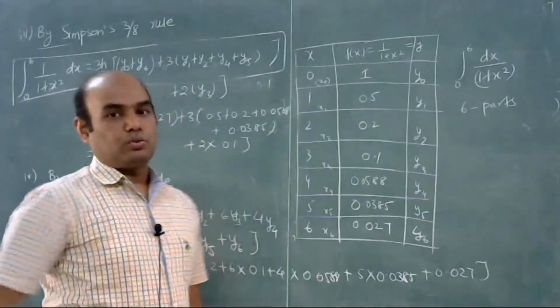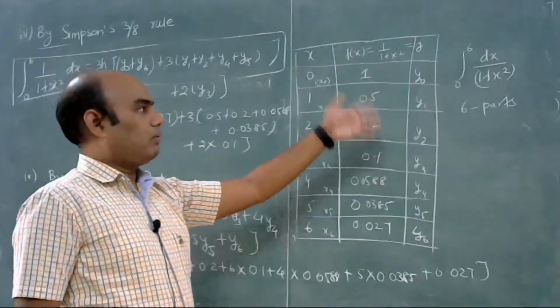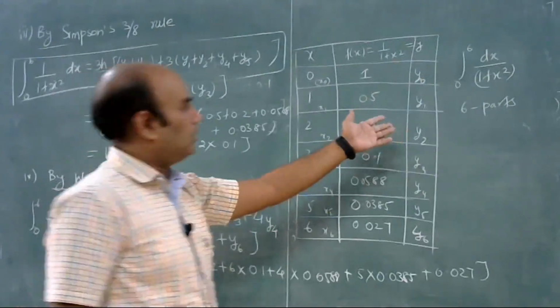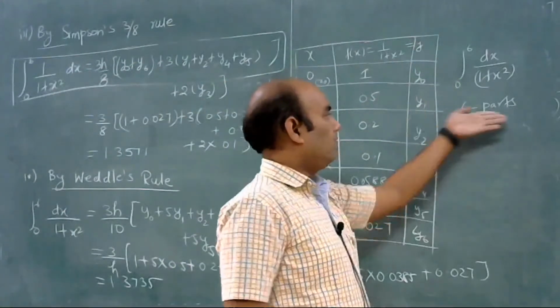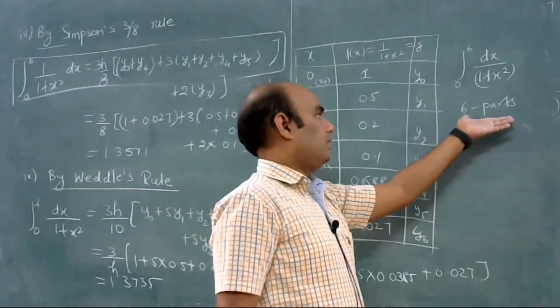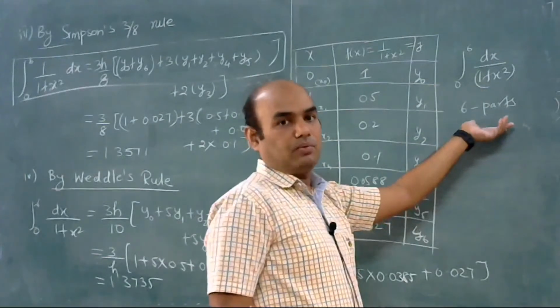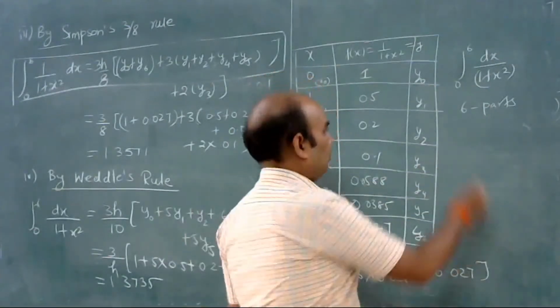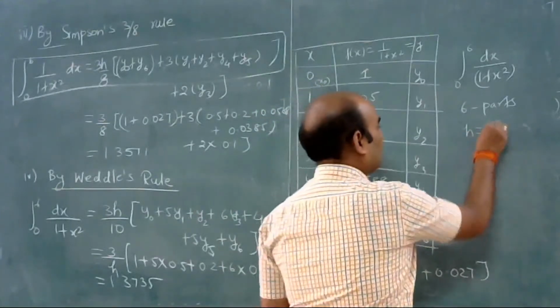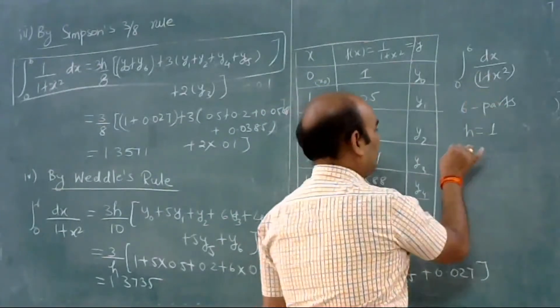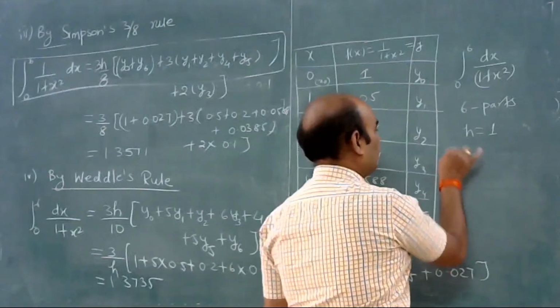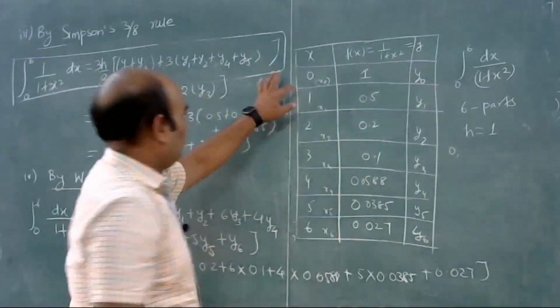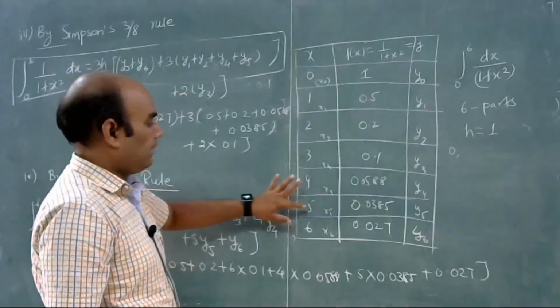You have to decide in how many parts you have to divide it. Here it is given from 0 to 6, so we have divided this into 6 equal parts. So here h will be equal to 1, so values of x will be 0, 1, 2, 3, 4, 5, 6.